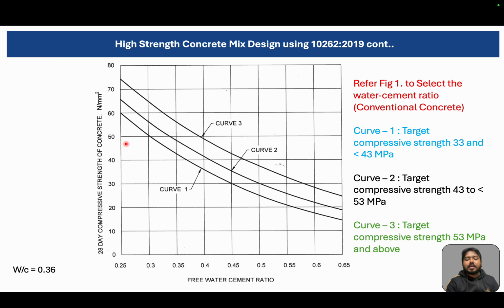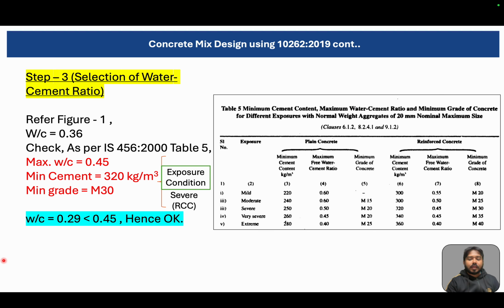As 48 lies in between, we take curve 2. Where 48 coincides with the curve, you take the corresponding value for your free water to cement ratio. In this particular case, we have taken the water cement ratio as 0.36.